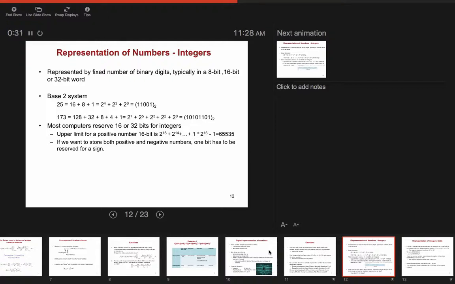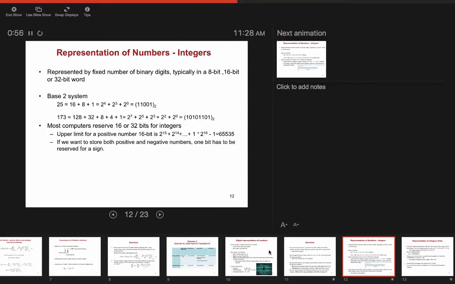The computer has to know where to start and stop the number, read that part of the memory, and then interpret it as a number. So we typically reserve 16 or 32 bits for integers, basically 2 bytes or 4 bytes. Those are my words. I could have a 1 byte integer as well.